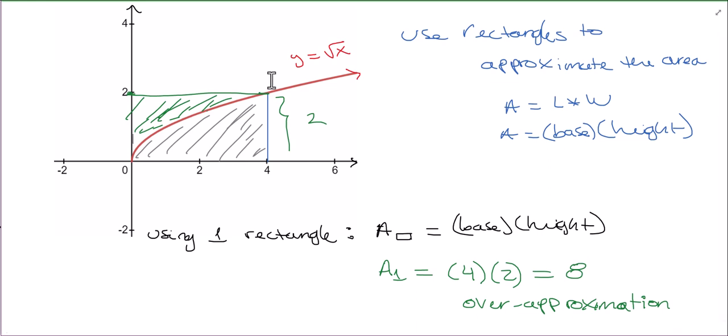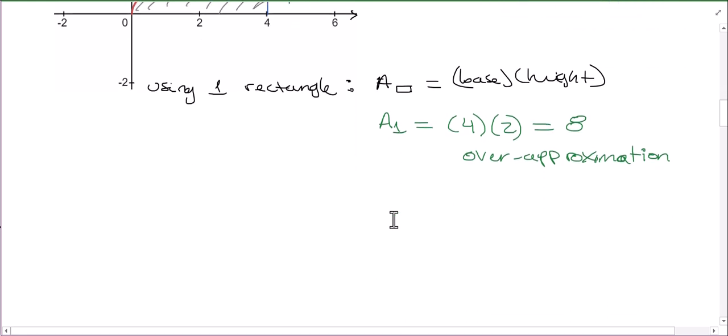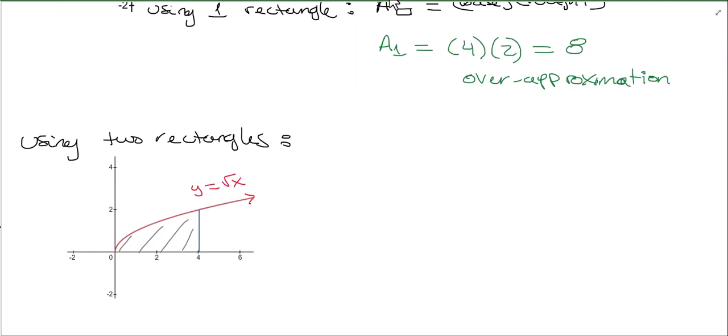So what happens then if we increase the number of rectangles? What if we use 2 rectangles instead? So what does our area then look like? Let's say 2 rectangles of equal length.